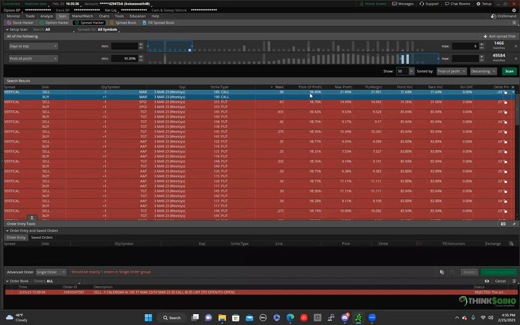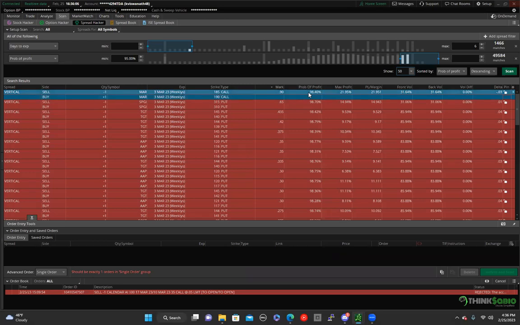It has a probability of profit of 98.4%, and the max profit percentage is 21%. And then you have the front volume, back volume. I don't even know what these are, honestly. But you can sort it by mark, and you can also sort it by probability of profit. Right in front of you guys, you have a trade that has a probability of 98.4%.